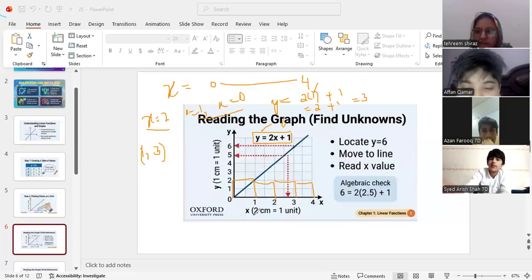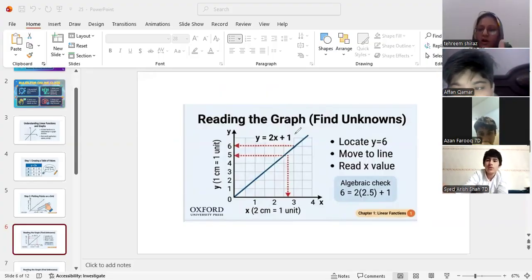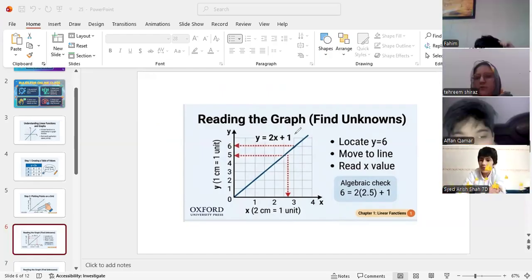Clear? And this concept is, I guess, clear to everyone: how we put the values in a given function and how the rate of change changes with one variable. If we put the value of one variable in the equation, the other also changes. Clear? And if that change is constant, it means the rate of change is constant. It means that this is a linear function.